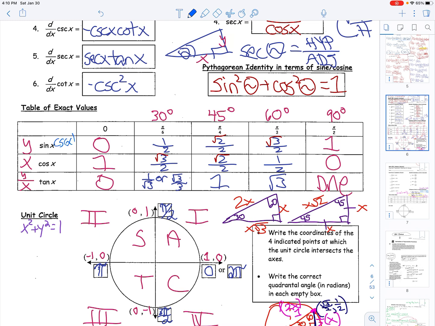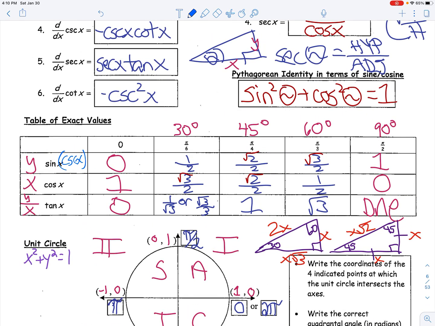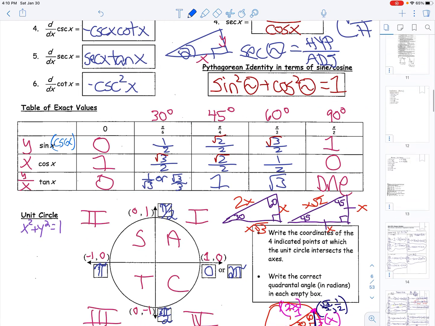And then the other one we needed was cosecant, which is the reciprocal of sine. The sine of pi over 4 is radical 2 over 2, so you just flip it, 2 over radical 2.